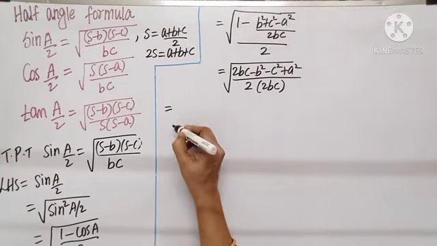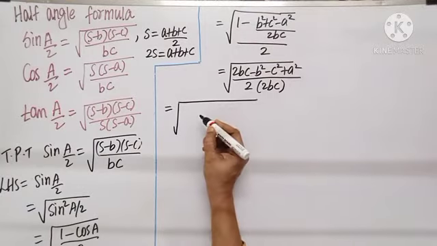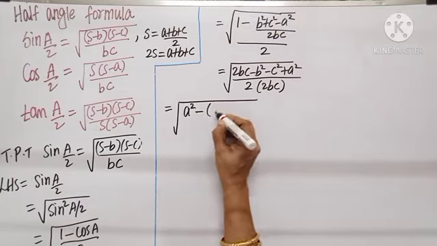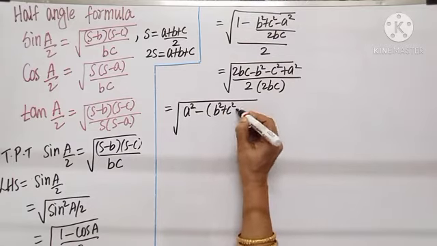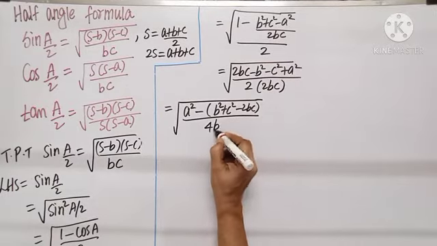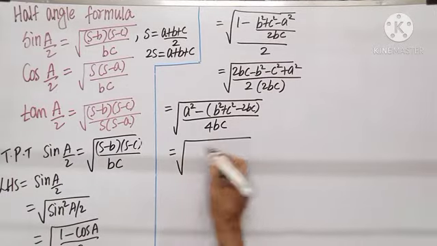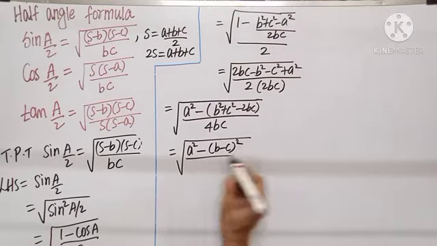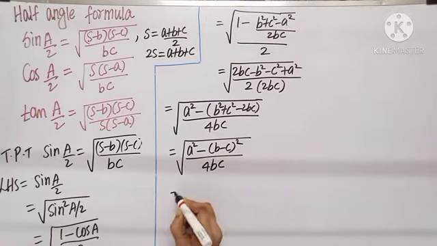The next step. This can be rewritten as A square minus common B square plus C square minus 2BC divided by 4BC. That is A square minus B minus C the whole square by 4BC.